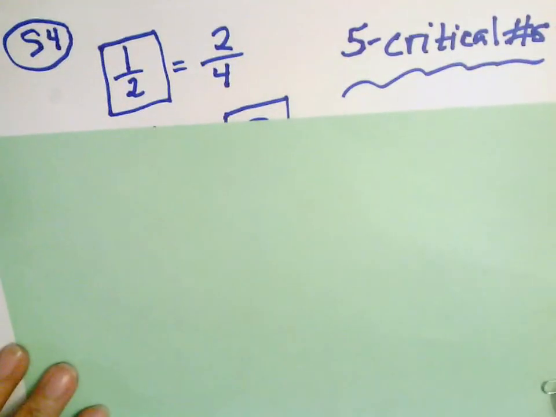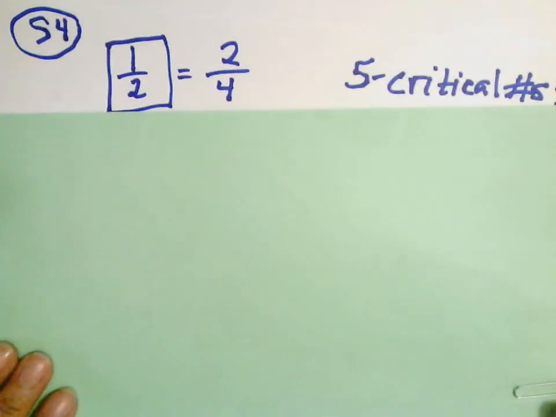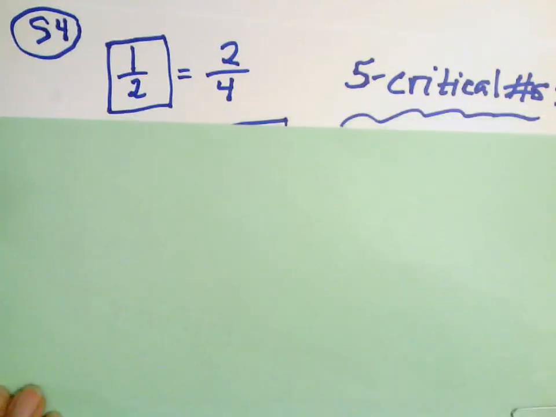Next, we're going to find our 5 critical numbers. And remember that our first critical number that we got from our inequality is 1/2. Remember that 1/2 is the same thing as 2/4. Now I'm changing it to 2/4 because our increment was in fourths, and we can only add and subtract fractions when we have like denominators.